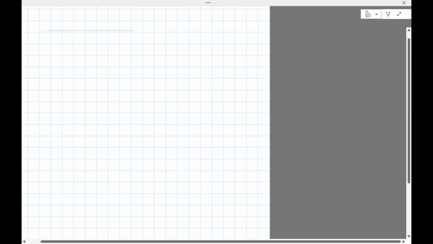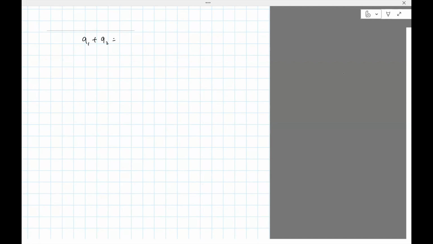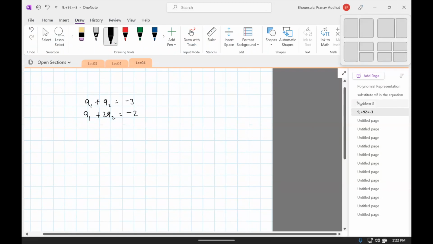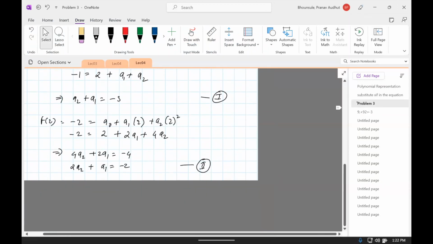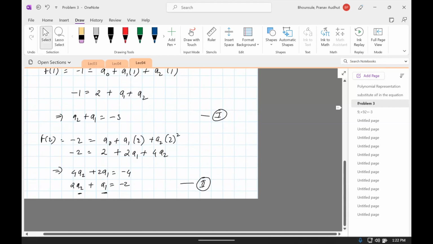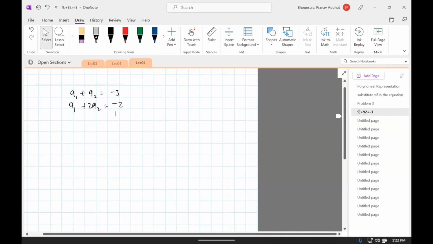I'm going to rewrite those expressions. One of them was a1 plus a2 equals -3, and a1 plus 2a2 equals -2. I just switched the order so that I wrote a1 first, a2 after that, and that's why it's a little bit easier.